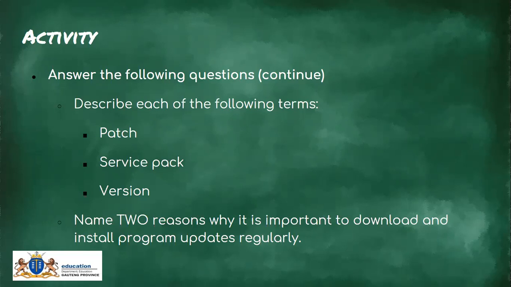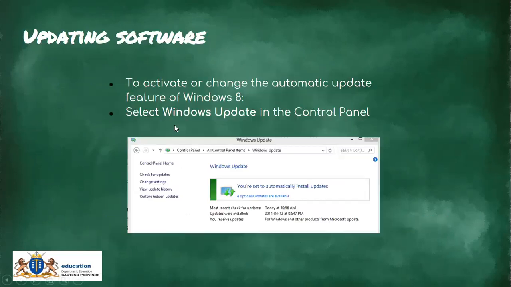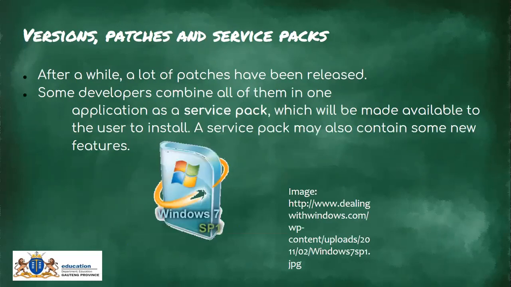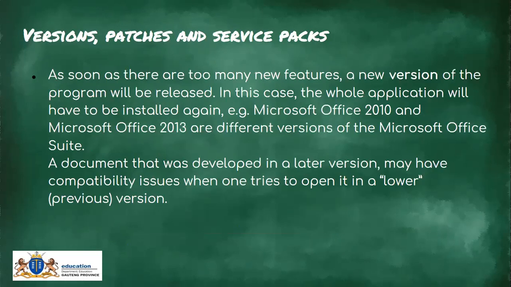Okay, categorize the unique state of computer software. Remember, can I go back again, guys? Because I see it's only one person that is responding here, Buhle. So remember, as soon as there are too many new features on a new version of the program, that means we keep using the patch and service pack.